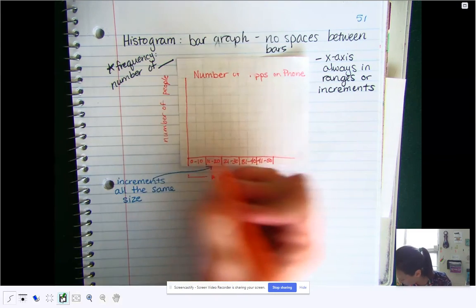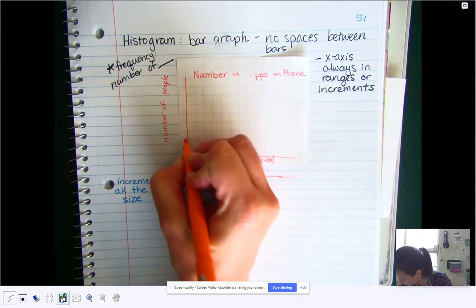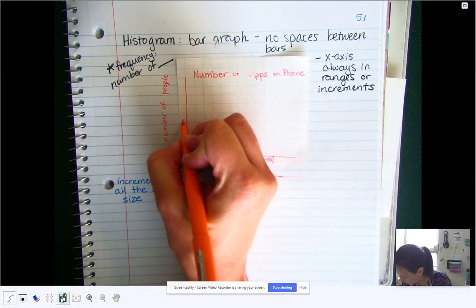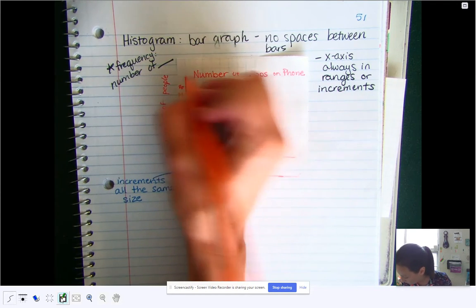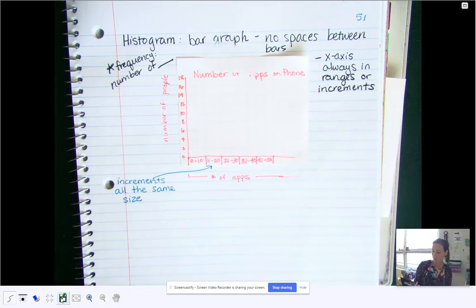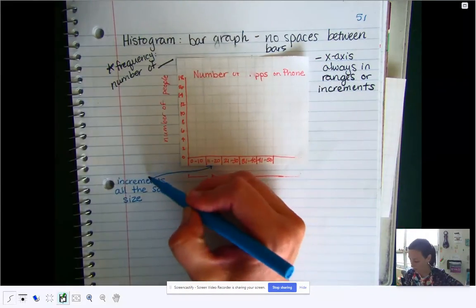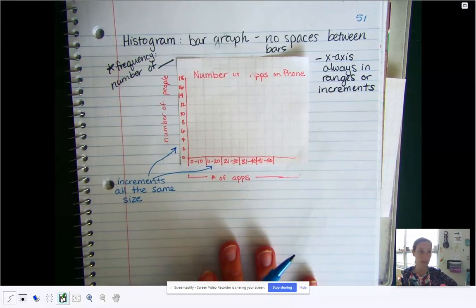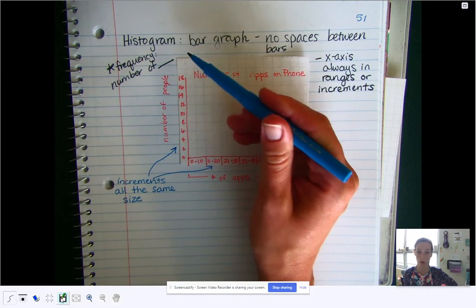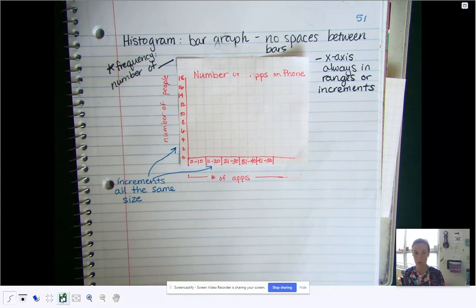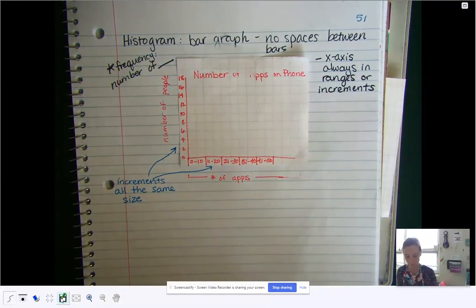So let's do our scale counting by 2. And again, all the increments on your scale need to be the same size. If you start off counting by 2s, you have to count off by 2s all the way up. You can't just switch it based on what numbers you have.